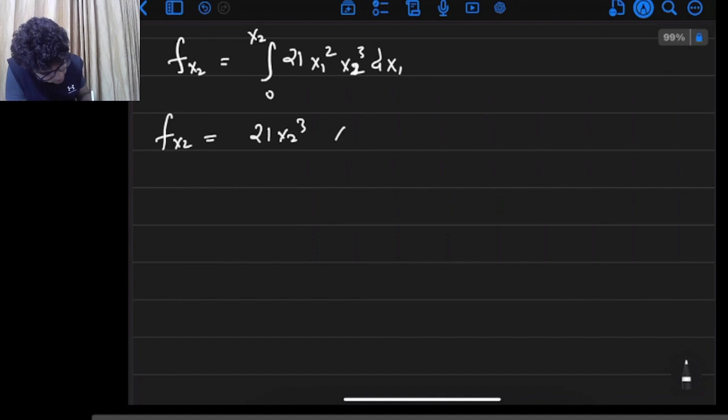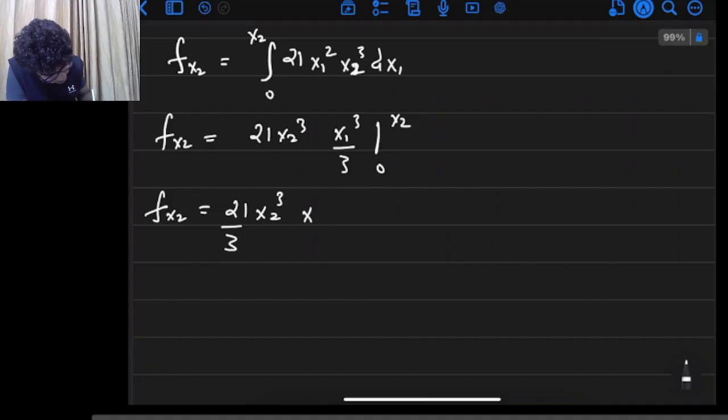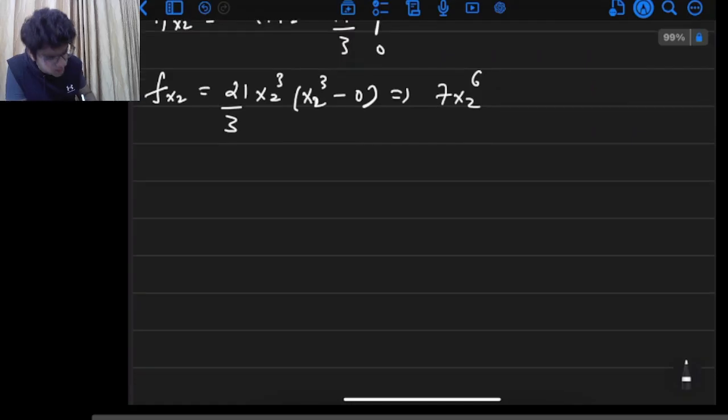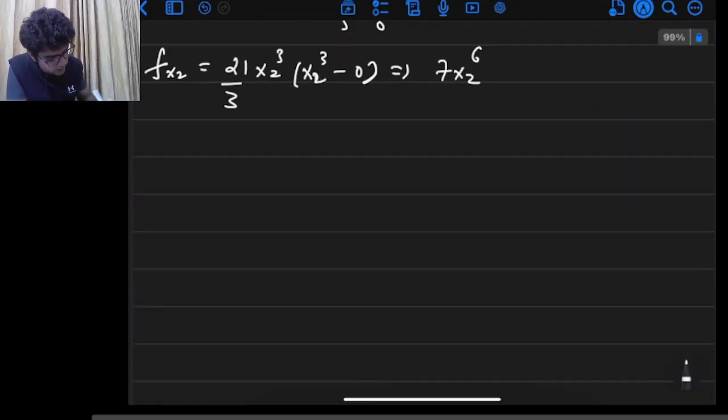This gives me x1 cube divided by 3 from 0 to x2, and this becomes 21 x2 cube divided by 3 times x2 cube minus 0. This gives me 7 x2 to the power 3 plus 3, which is 7 x2 to the power 6.